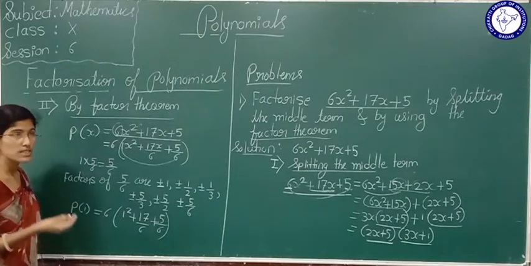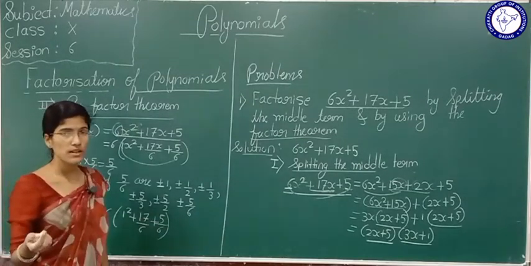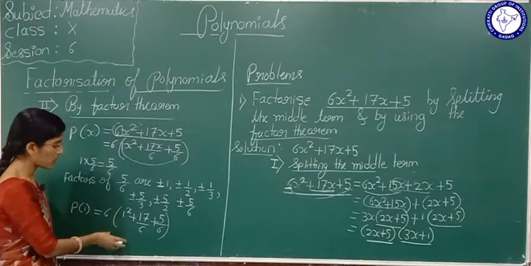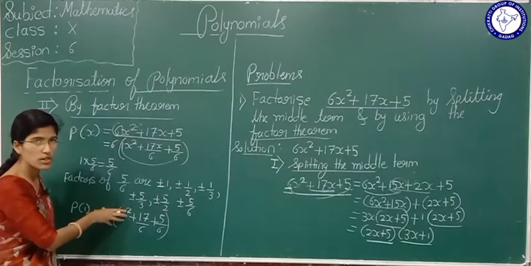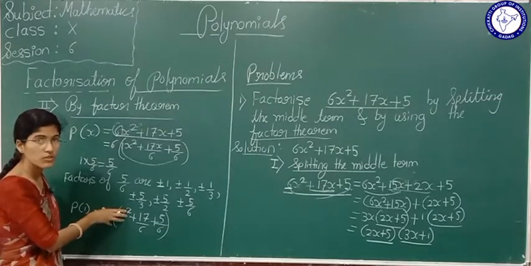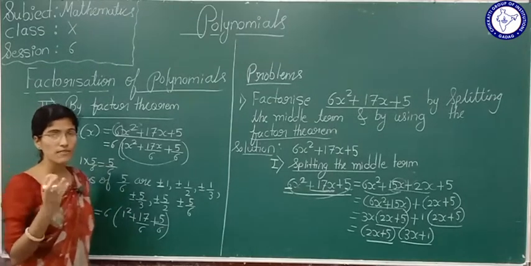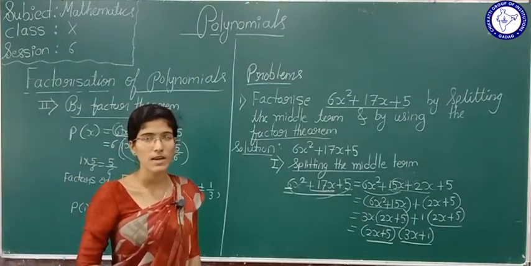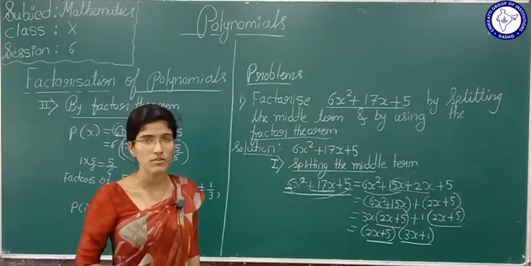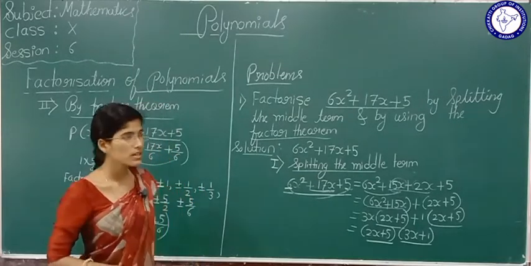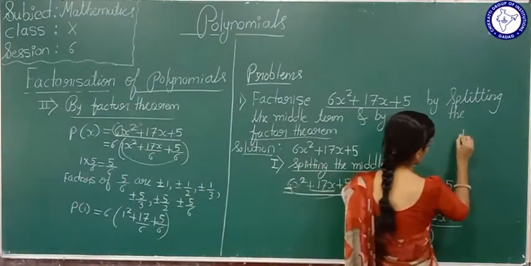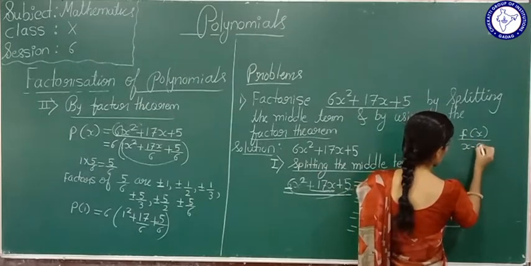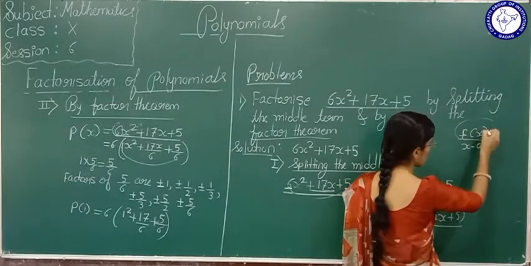By factor theorem, if you want to tell any polynomial is a factor of the given polynomial, if the remainder is 0, at that time only we will tell it. Suppose f of x is a given polynomial.